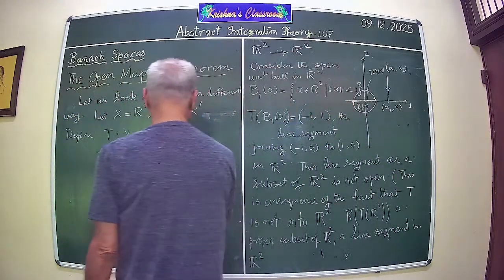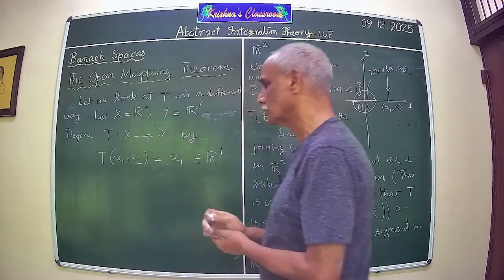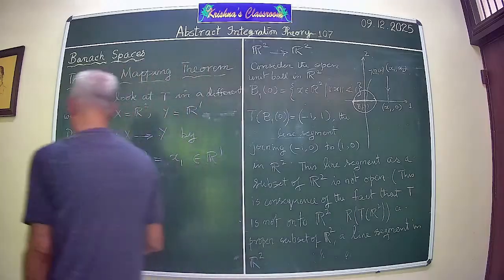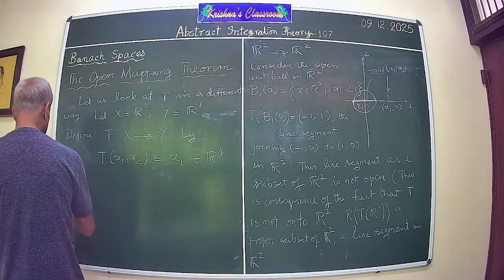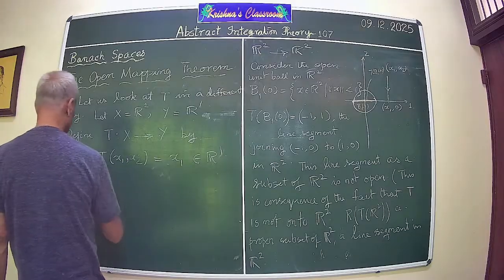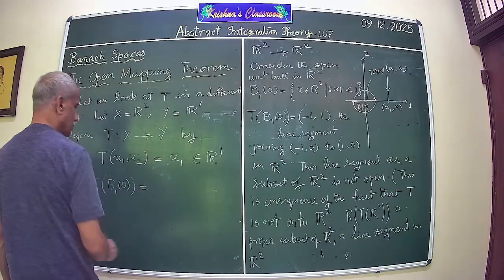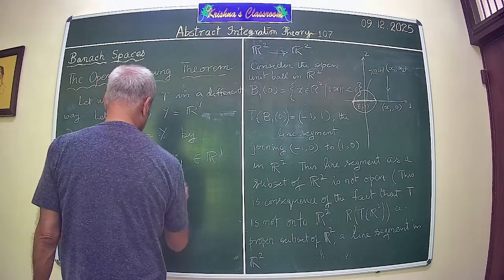Now this belongs to R1. Now the image of the ball is equal to the interval minus 1 to 1.